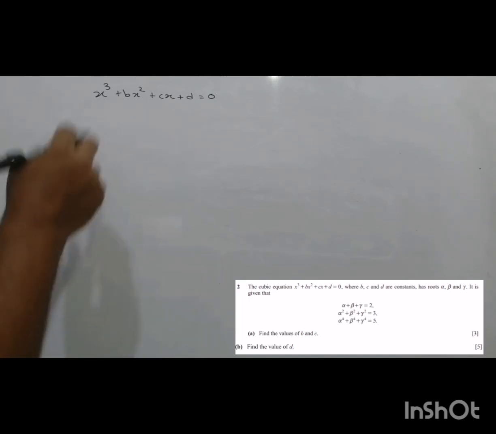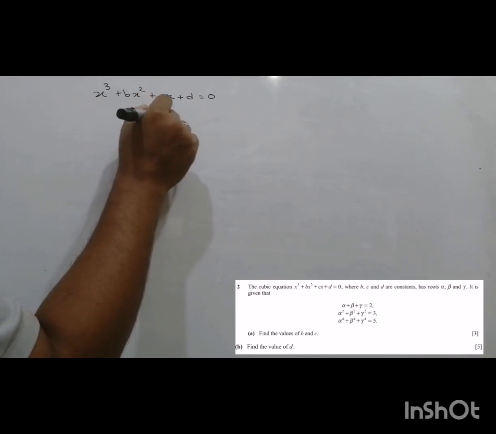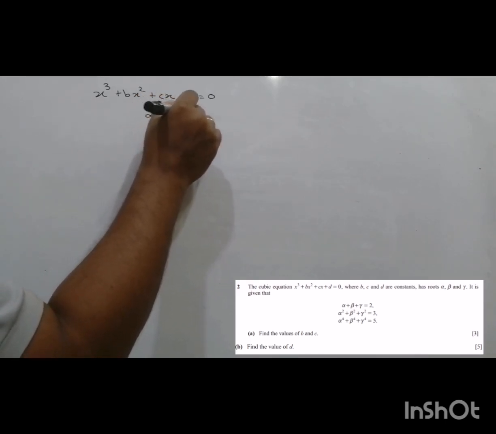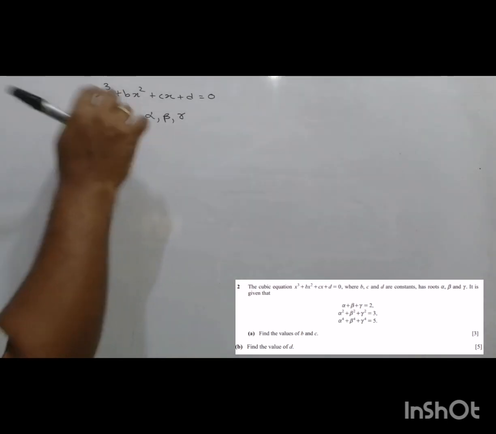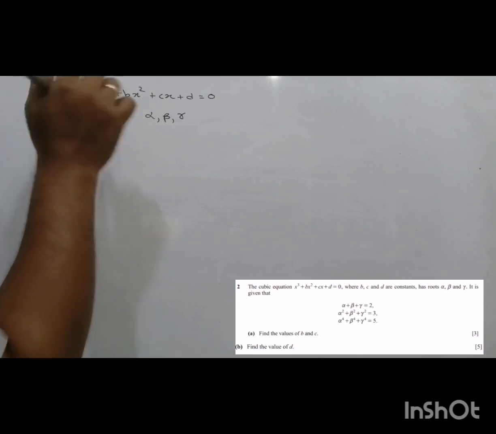We have a cubic equation over here, and we have to initially find the values of b and c using the data they've given. Now for this cubic equation, the roots are going to be alpha, beta and gamma. So we know that the sum of the roots is going to be, now the coefficient here is 1.